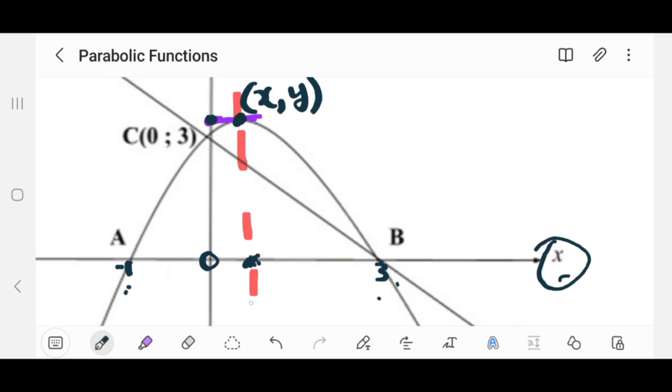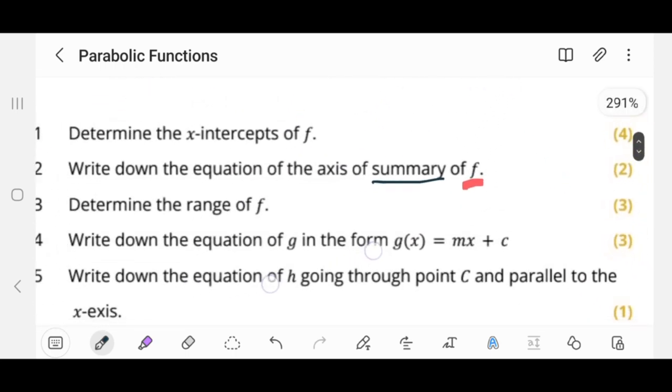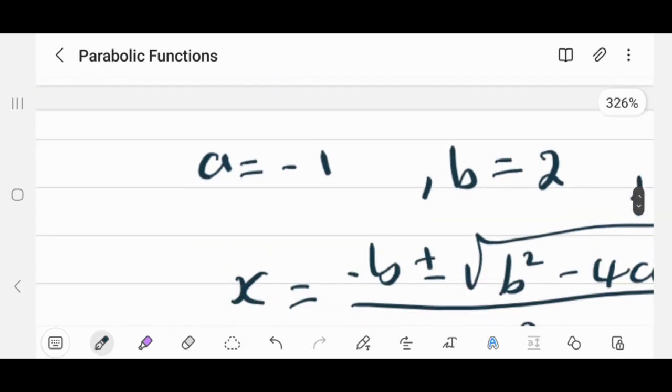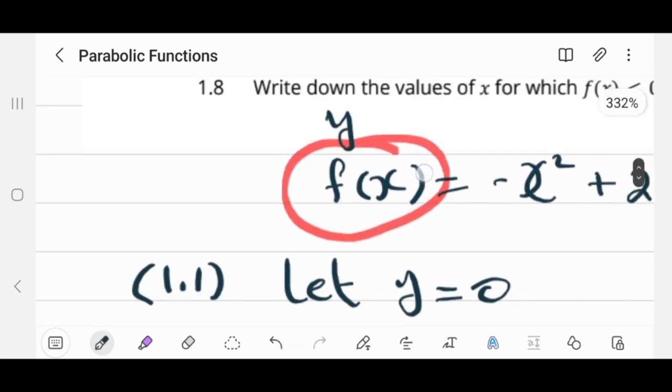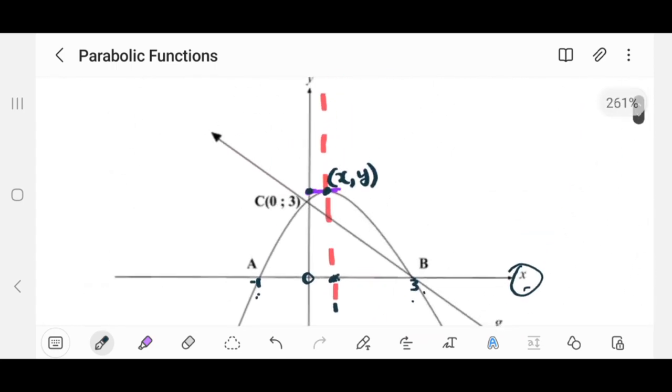It is +1. That's the point that we found when we were looking for the axis of symmetry. So we found the x value of the turning point, and now we are looking for the y value of the turning point. So I have the input, I must find the output.